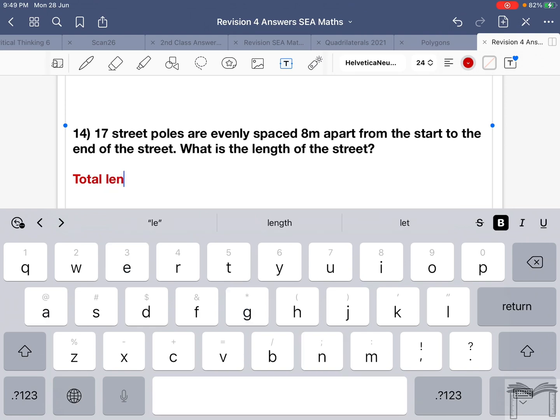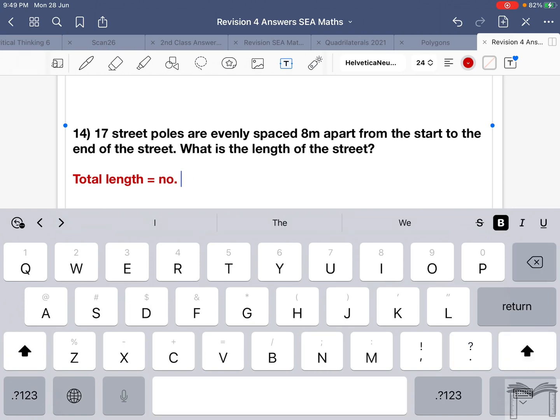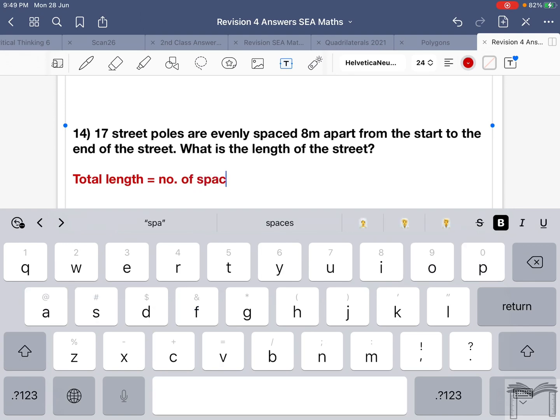Total length is equal to the number of spaces multiplied by the spacing, the distance between two adjacent poles.